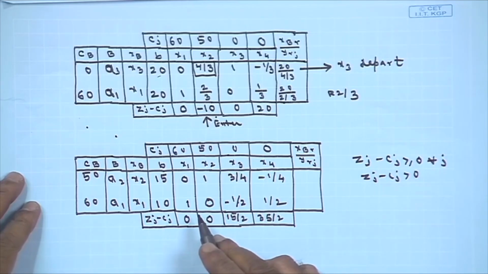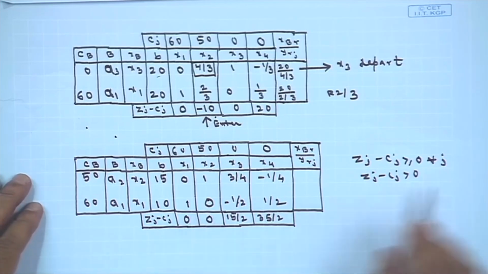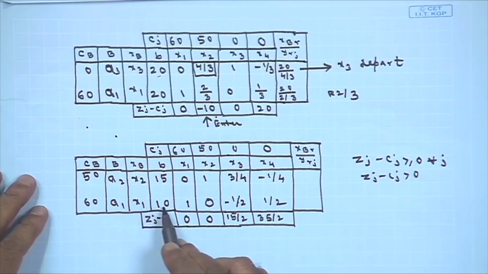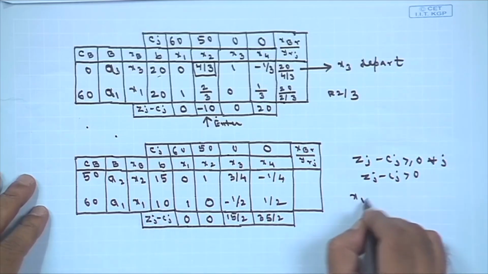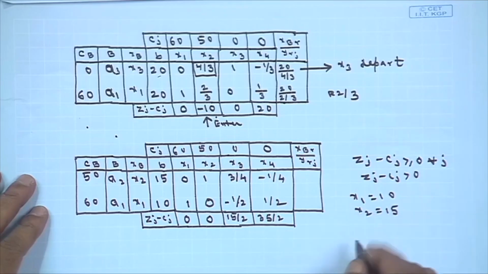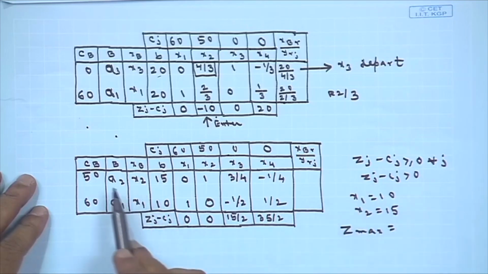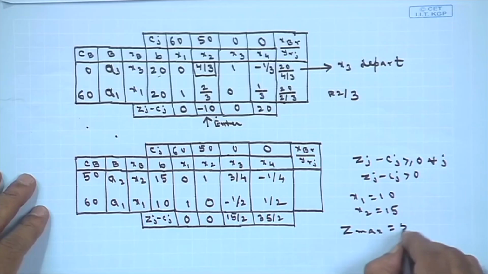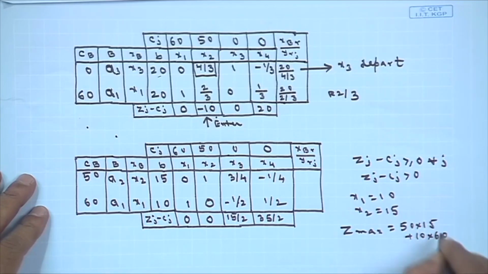What will be the optimum value? The optimum value you can obtain from here, that is x1 will take the b value, that is x1 equals 10, x2 equals 15, and the value of z max you can obtain by calculating this into this plus this into this, 50 into 15 plus 10 into 60.